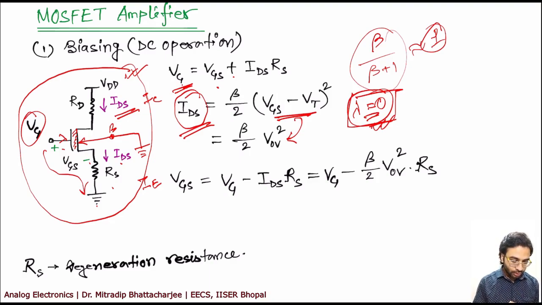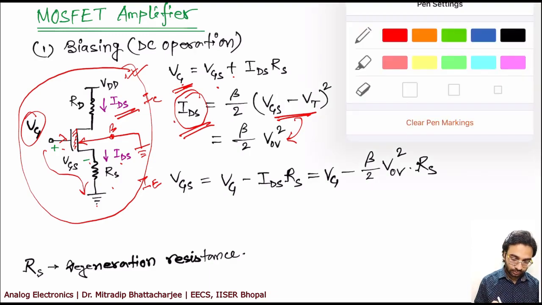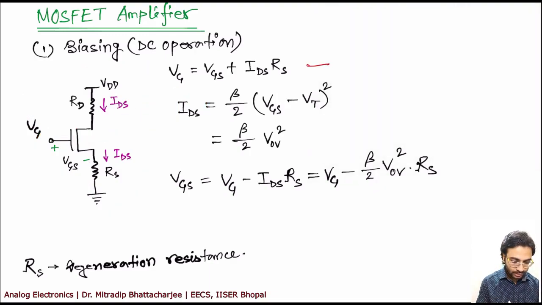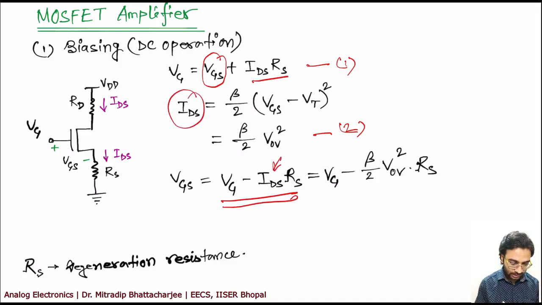From equation 1 and equation 2, you will find VGS equal to VG minus IDRS from equation 1. Now replace the value of IDS in here. So you will find VG minus beta by 2 VOV square into RS.